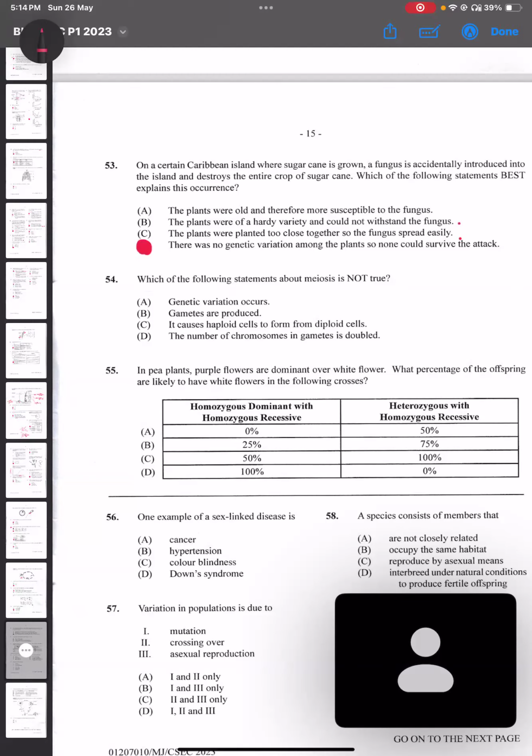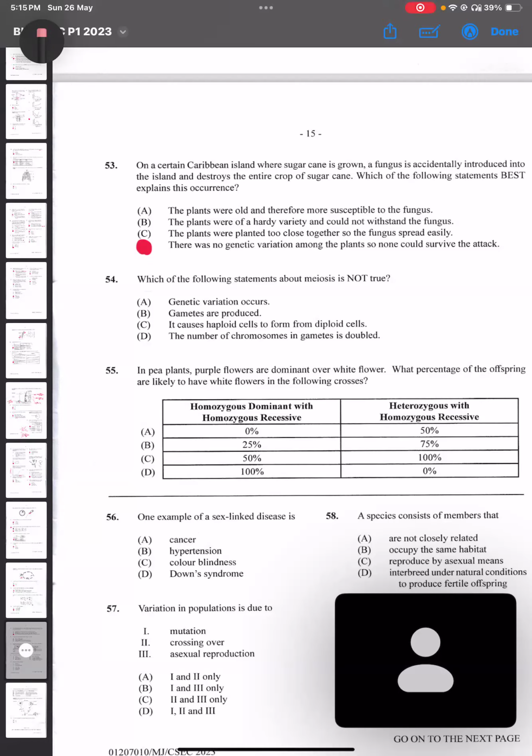When they talk about hardy variety, it talks about what can withstand the cold most. The old doesn't necessarily mean that they're more susceptible to the fungus. If they were that old, then what was the point anyway? That doesn't make any sense.